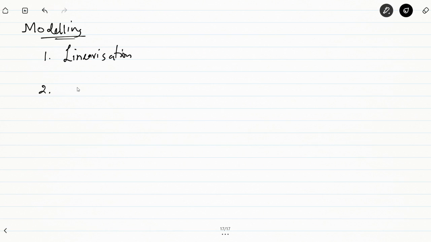One is the linearization approach. Second one is the describing function approach. And third one is the phase plane analysis.